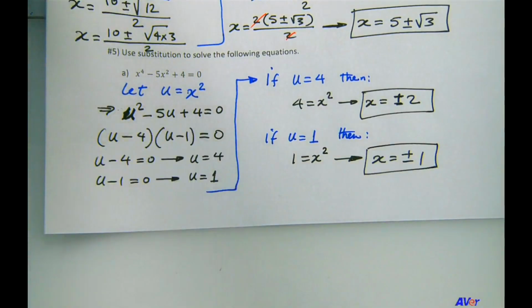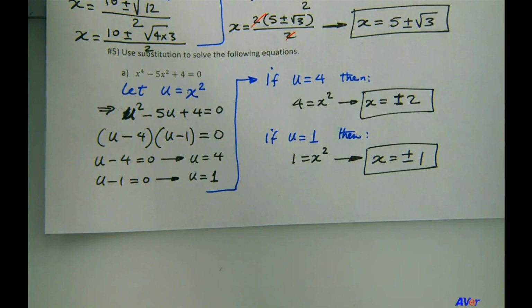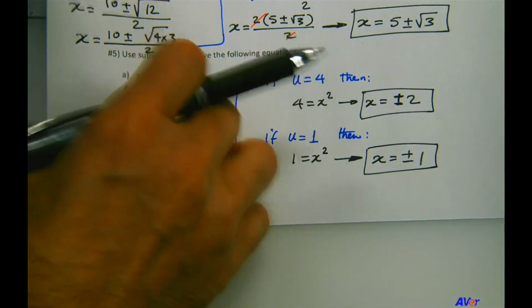Look how easy this u substitution method made solving this polynomial, which is to the 4th power. So very quickly we were able to solve this polynomial and we found all 4 solutions very quickly. Okay.